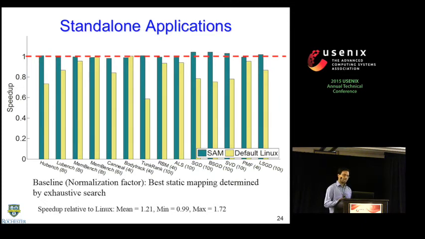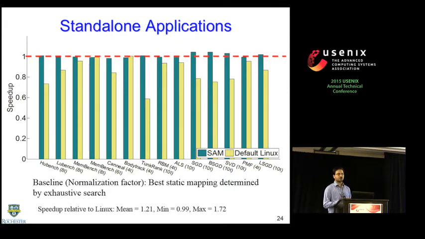And what we can see straight away is that SAM performs just as well as the best static mapping because it's able to identify the application characteristics. And in some cases, it's actually able to perform better, because it is able to dynamically adapt to the needs of the application. Overall, SAM performs 21% faster than Linux.